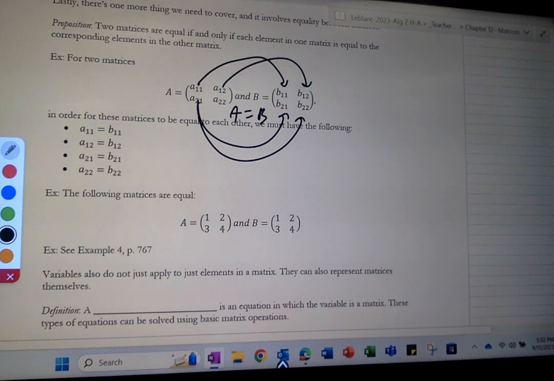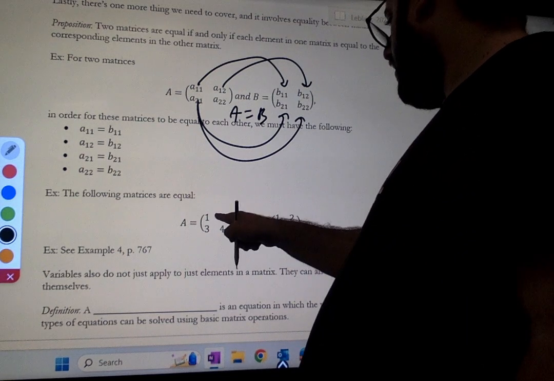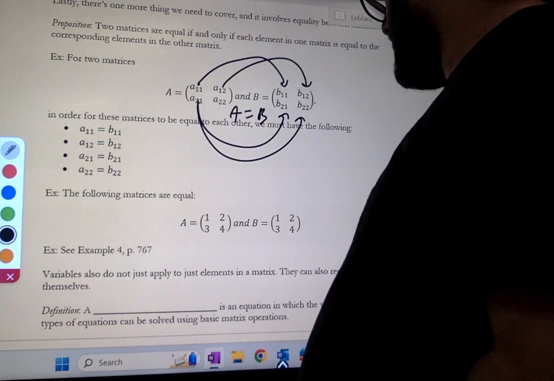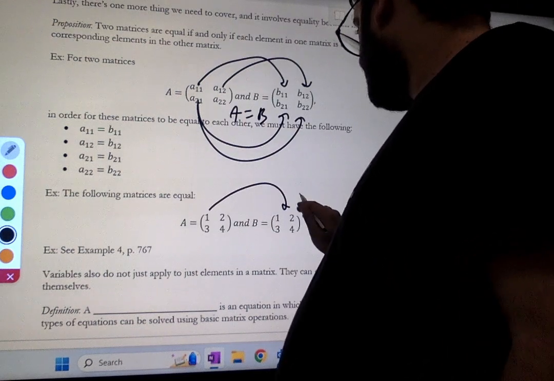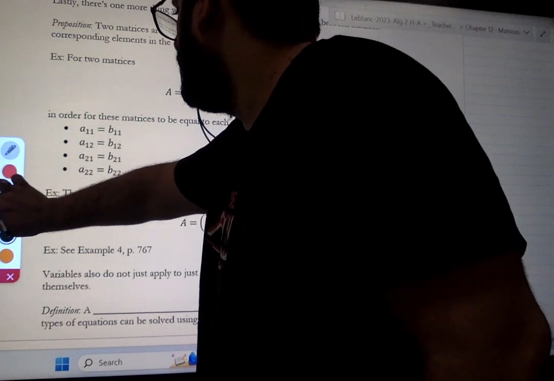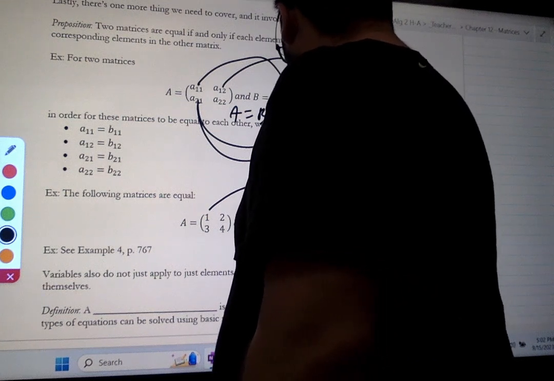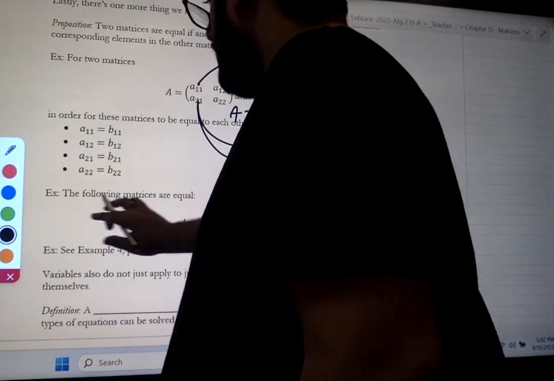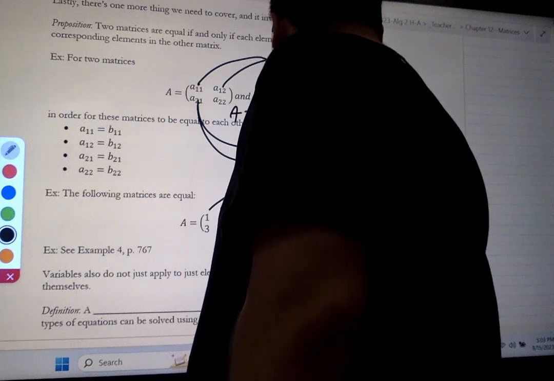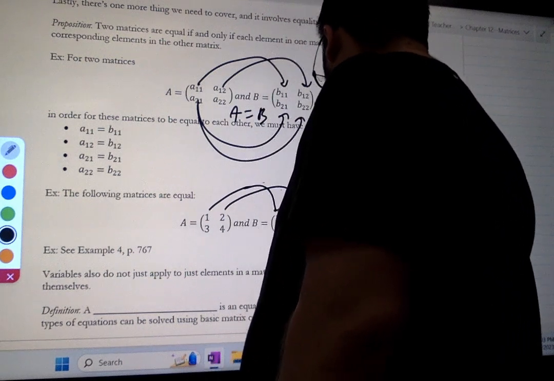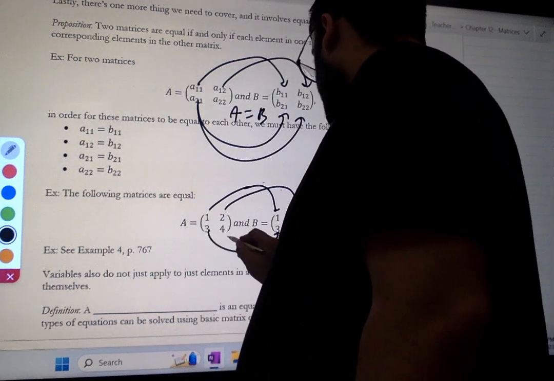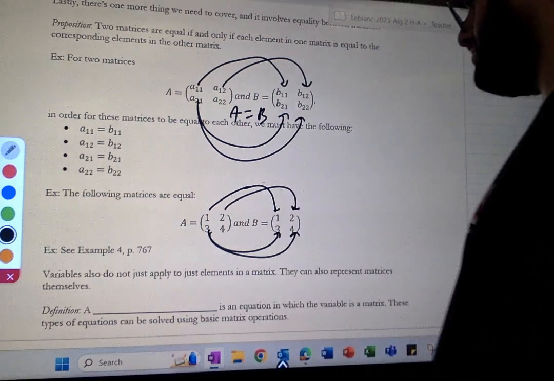So obviously, in this example, in order for A and B to be equal, that means that these two have to match, which they do. These two have to match. These two have to match. And these two have to match.